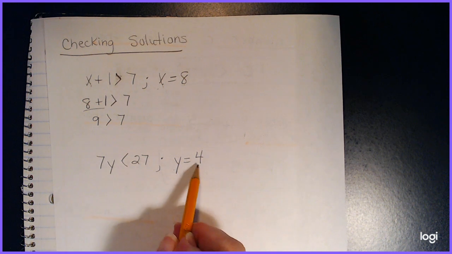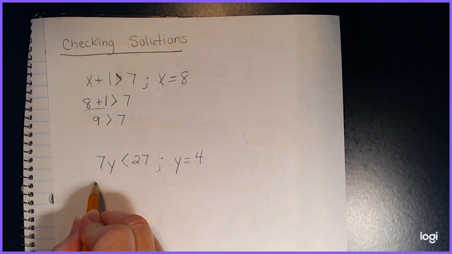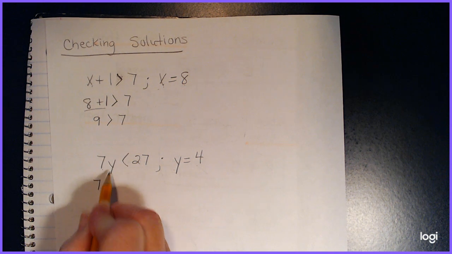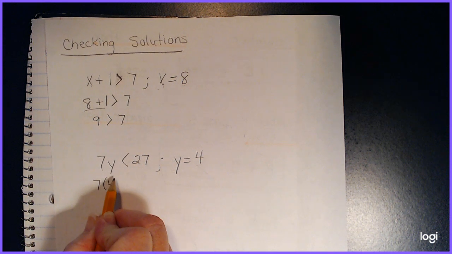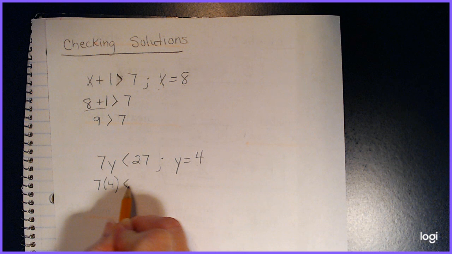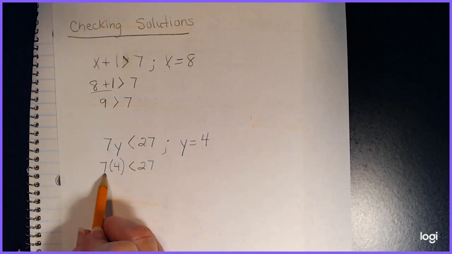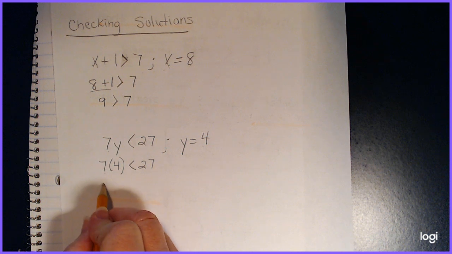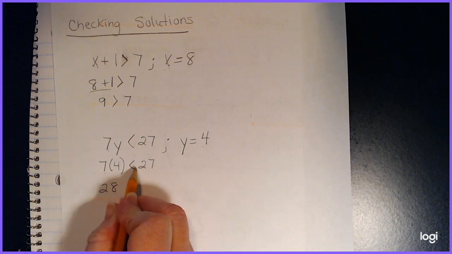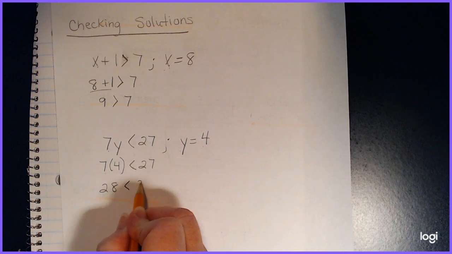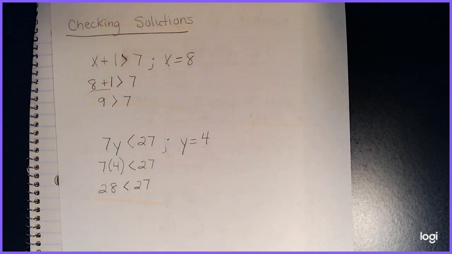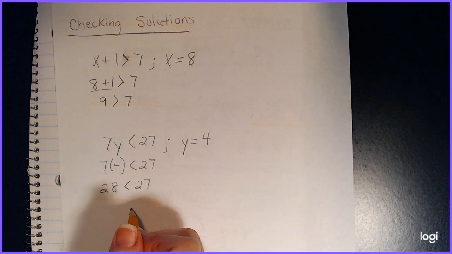Well, let's substitute 4 in for y. So I'm going to put the 7, instead of putting the y, I'm going to put times 4 is less than 27. All right, what's 7 times 4? 7 times 4 is 28. Copy the rest. Is 28 less than 27? Nope, this one is not a solution.